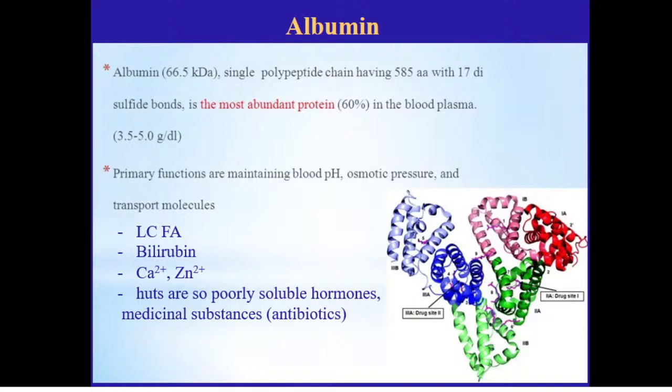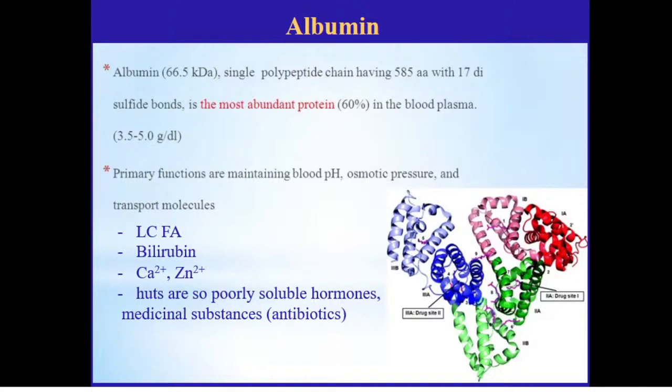Bilirubin from the reticuloendothelial cells: bilirubin is a water-insoluble, toxic molecule, so it must be transported by albumin to liver cells, where it will be conjugated with glucuronic acid and excreted with the bile. Many ions can be transported by albumin, for example, calcium and zinc.